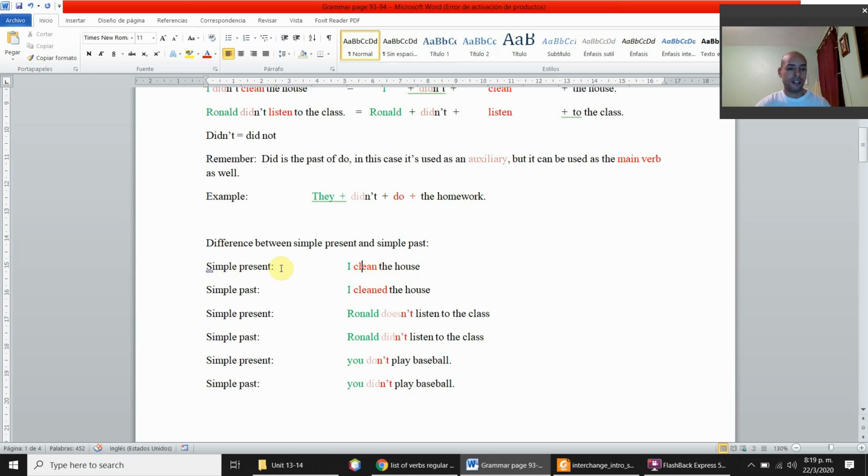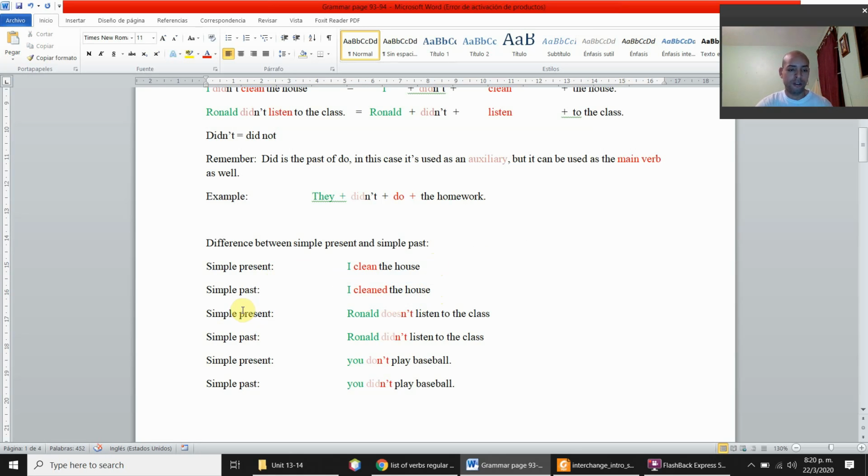The simple present in this case, the example, I clean the house. As the simple past, I cleaned the house. As you can see, the verb changed. We add ed and the house. In this form we're using the simple past, and in this form we use the simple present.